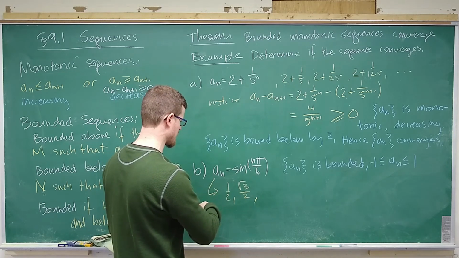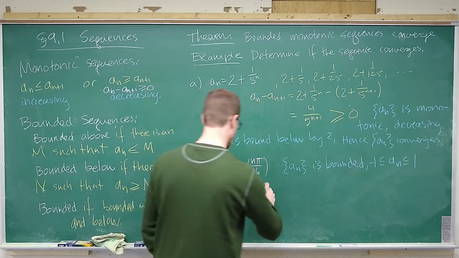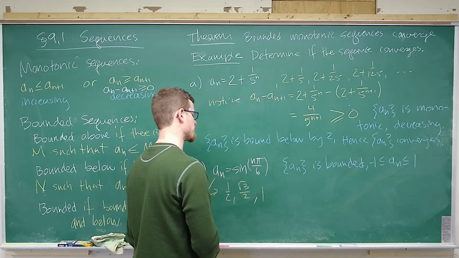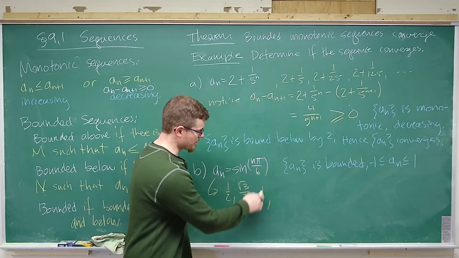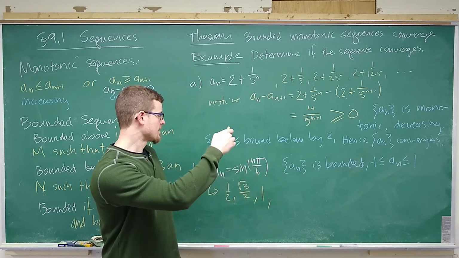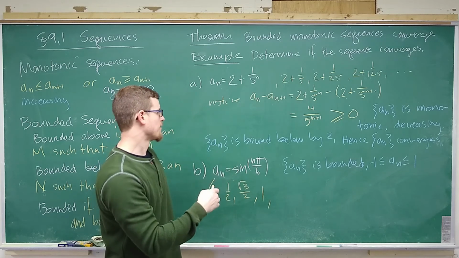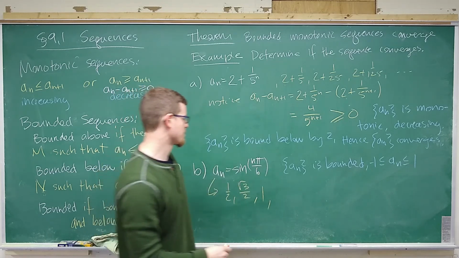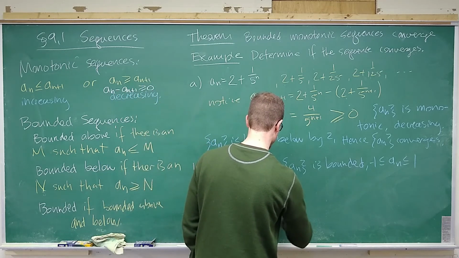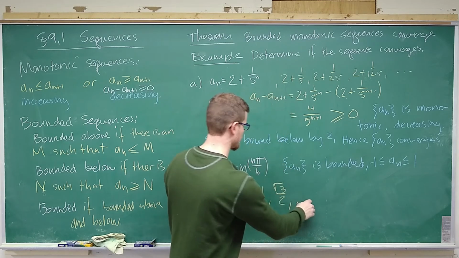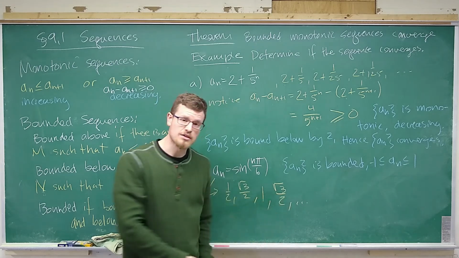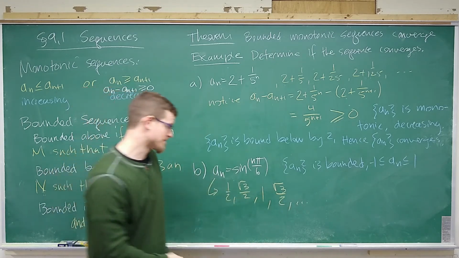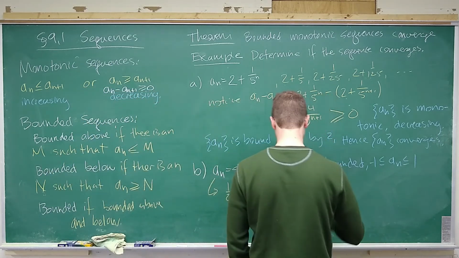And then we have sine of 3 pi over 6, which would be sine of pi over 2, which is 1. But this is where it gets interesting, right? So we've increased, but as we continue, the sine of 4 pi over 6 would actually be square root 3 over 2 again, which means that we've decreased. So we've been increasing and then we decrease. So this sequence is not monotonic.